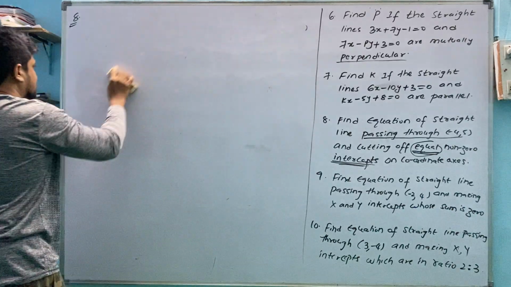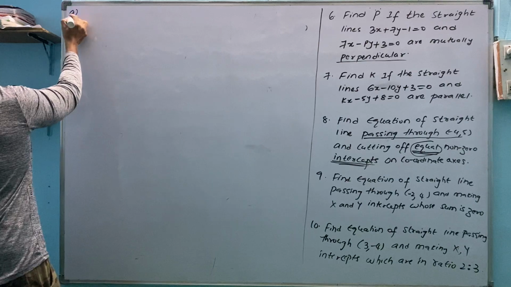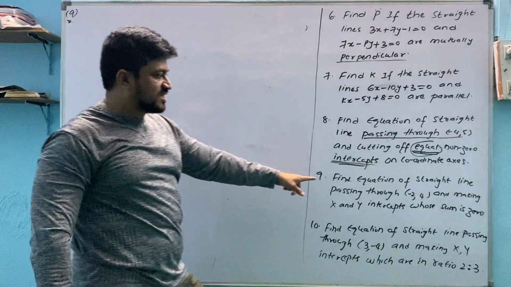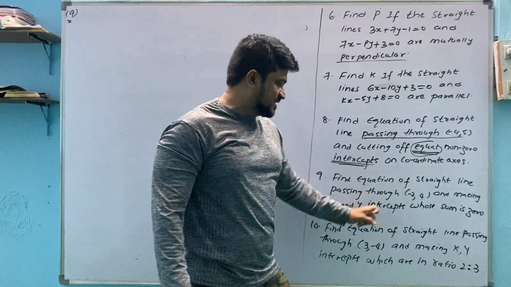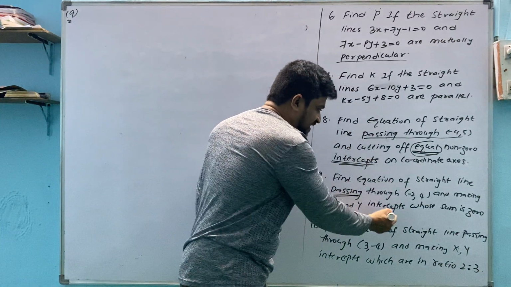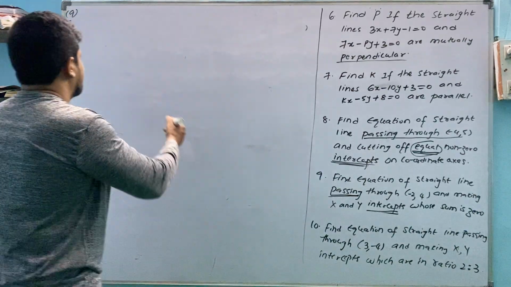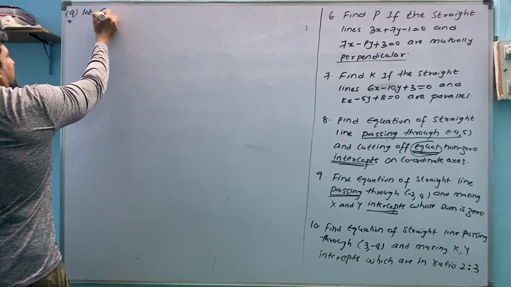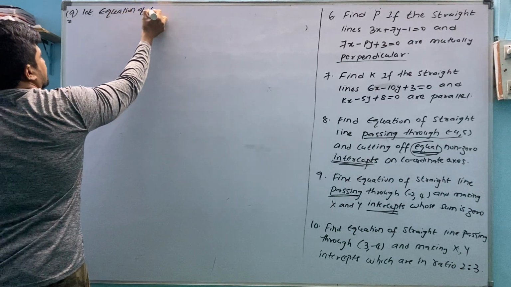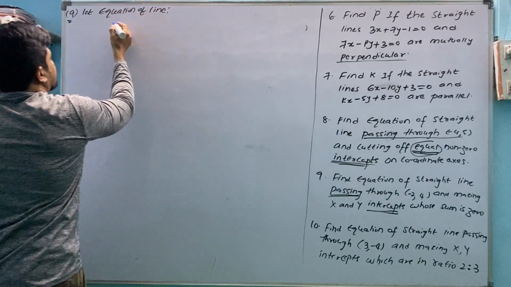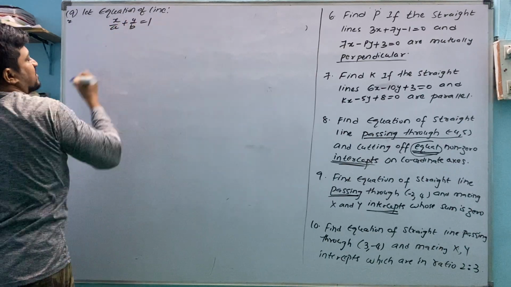Next one, 9th one. In 9th question, check it out. Find the equation of straight line passing through point and making intercept. See, passing word and intercept word is again given to us. So what we'll do, we'll write let equation of line x by a plus y by b is equals to 1.